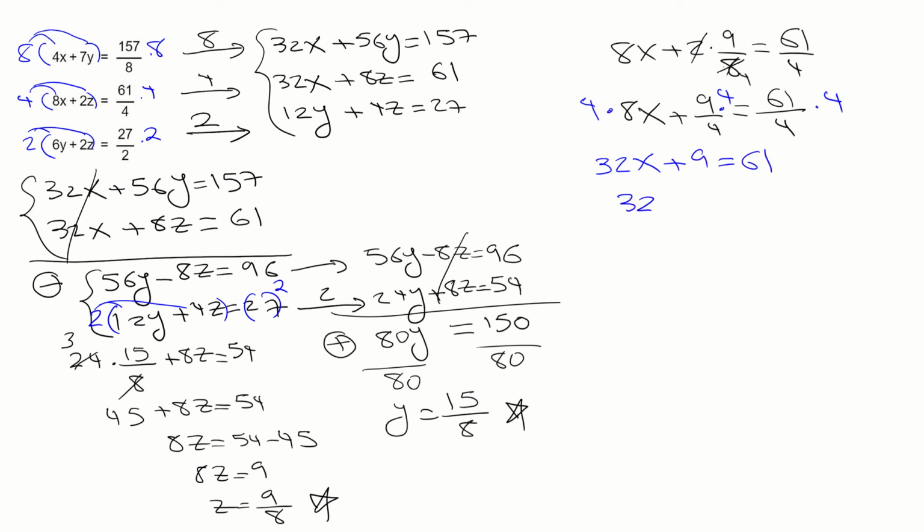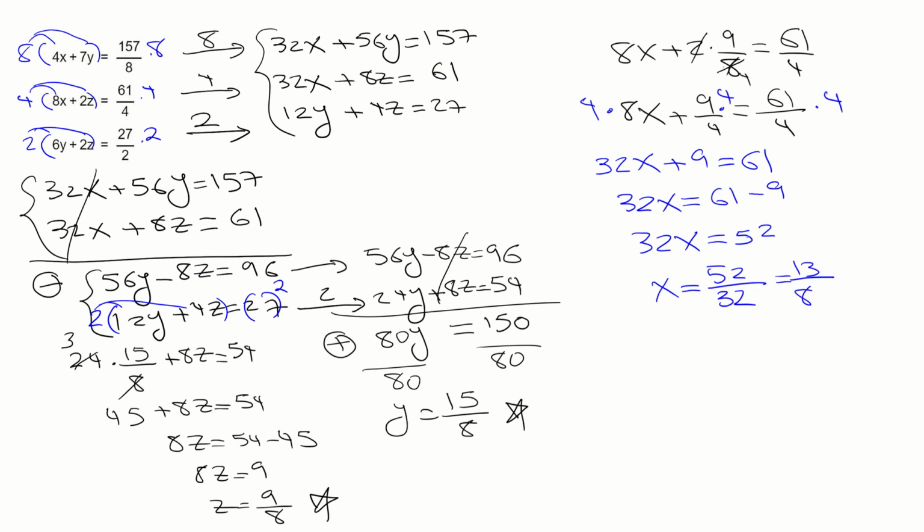So 32x equals 61 minus 9. So 32x equals 52. So we get x equals 52 over 32. And I know that 4 goes into 52 13 times, and it goes into 32 8 times.